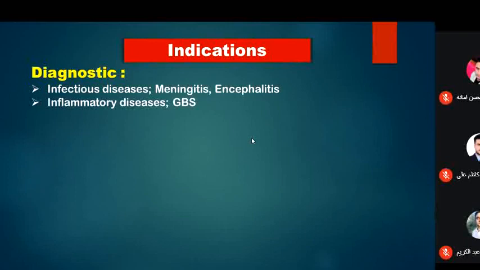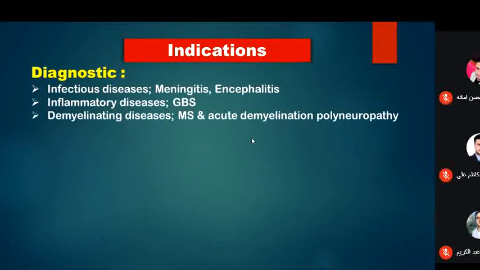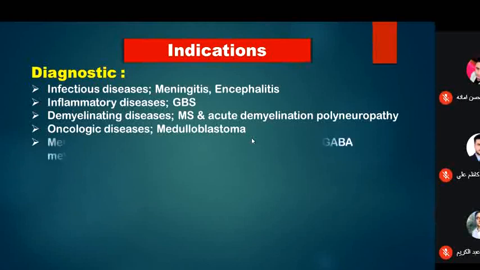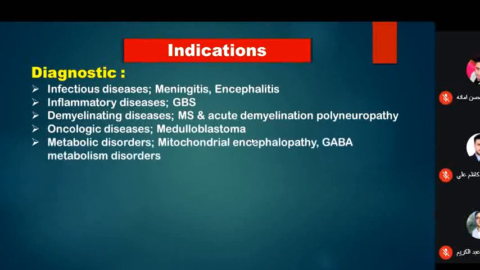It's not Guillain-Barré, this is the Iraqi pronunciation. Demyelinating diseases like multiple sclerosis, acute demyelinating polyneuropathy also. Oncologic disease like medulloblastoma. Metabolic disorders like mitochondrial encephalopathy and gamma aminobutyric acid metabolism disorder, or GABA disorder.